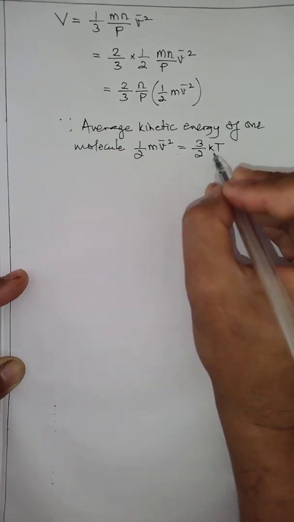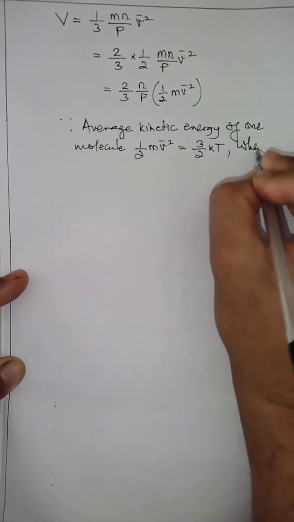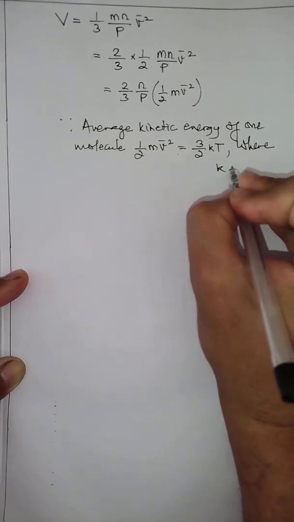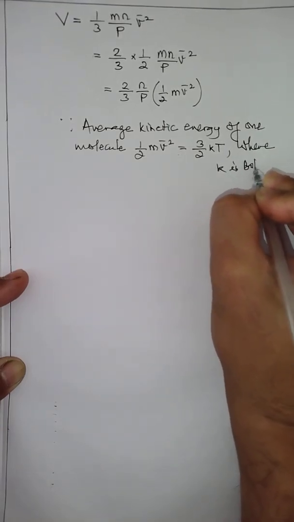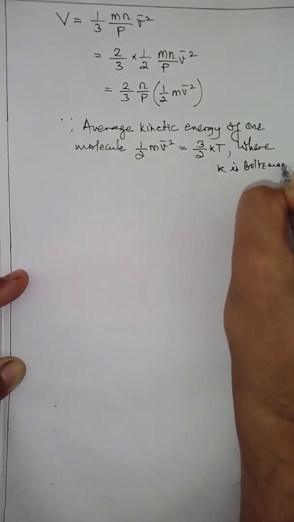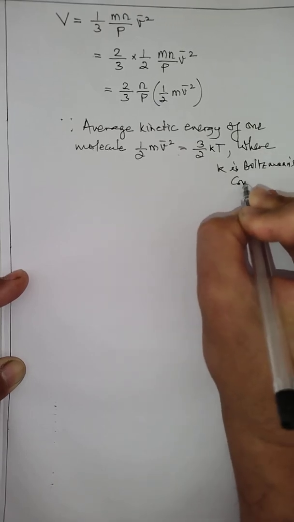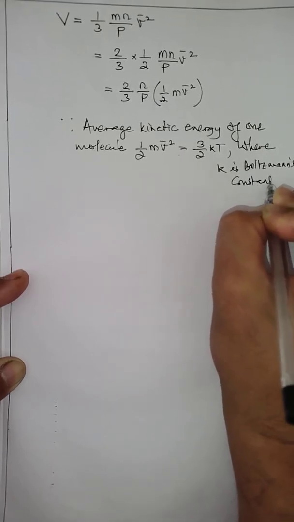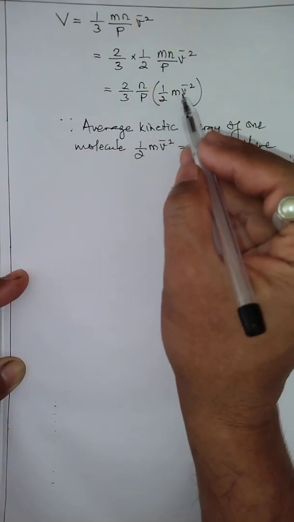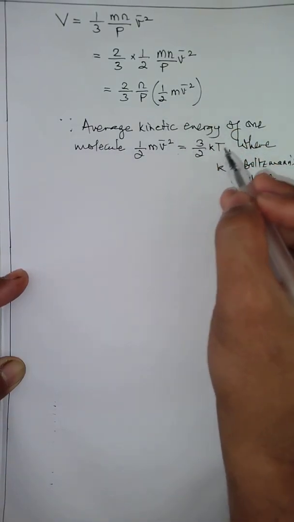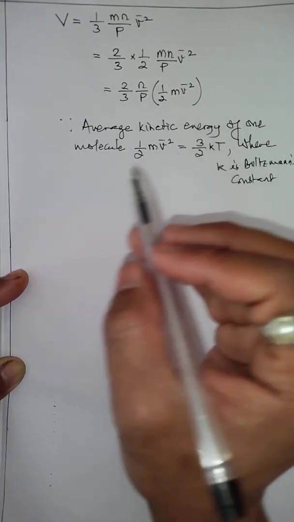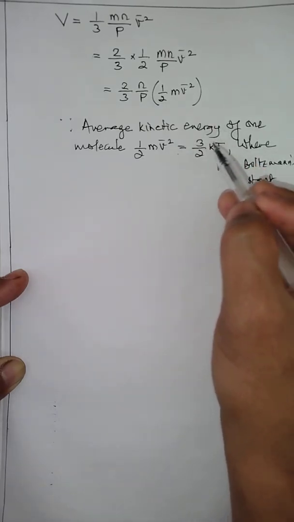Where k is the Boltzmann constant. So now I replace this 1 by 2 m times the mean square speed, that is the average kinetic energy per molecule of gas, by this 3 by 2 kT.